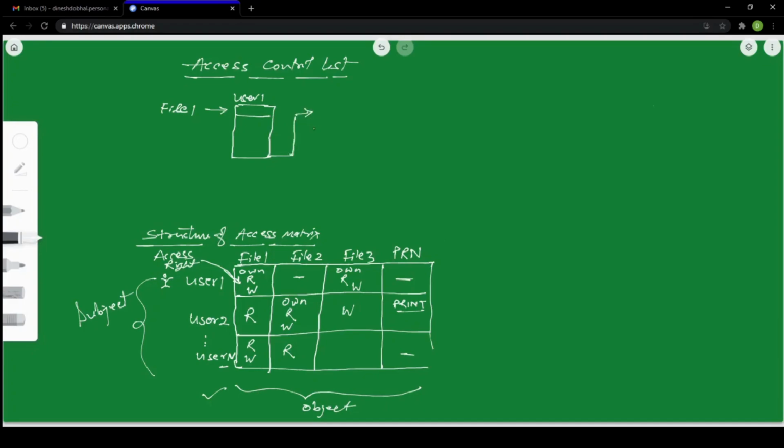second user, which is user 2. And this file 1 is also accessible by the third user.